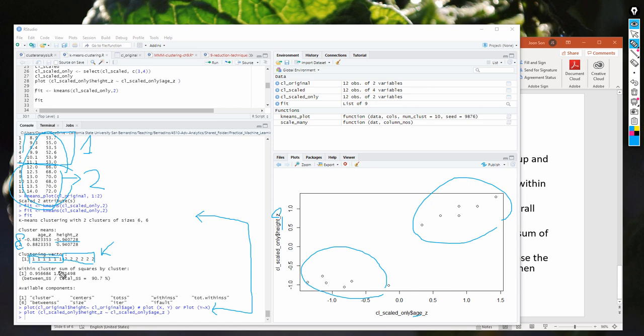Within cluster sum of squares by cluster, and you see that between SS divided by the total SS is 90.7%, which is pretty good. Our ideal goal is close to 100%. However, if this value is 60-some or 70-some percent, that is usually considered a good value.